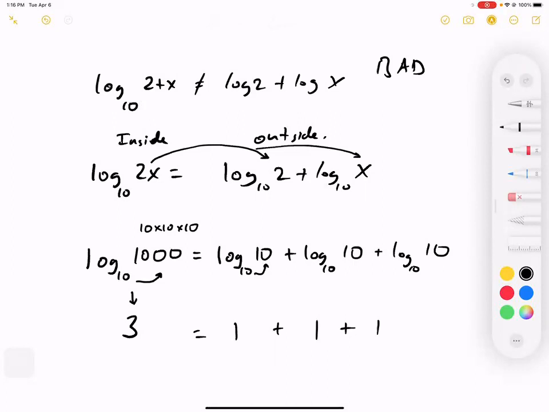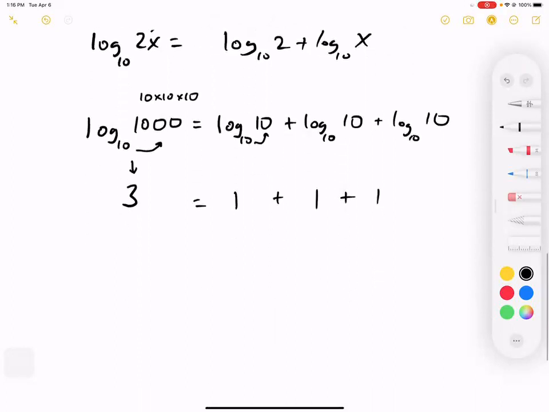Now, why is this true? Why is it that this weird thing of addition becomes multiplication? And it really goes back to Algebra 1. Let's use 10 because we've been using 10: 10 squared times 10 cubed.